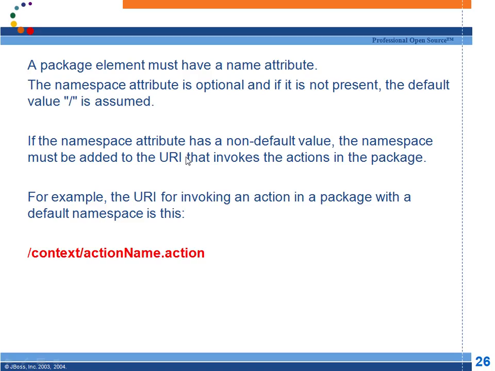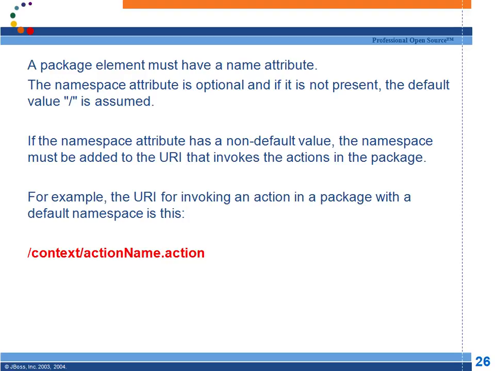Next, a package element must have a name attribute. The namespace attribute is optional, and if it is not present, the default value will be slash. I didn't give a namespace to my package. It is slash. If the namespace attribute has a non-default value, then the namespace must be added to the URI that invokes the actions in this package.